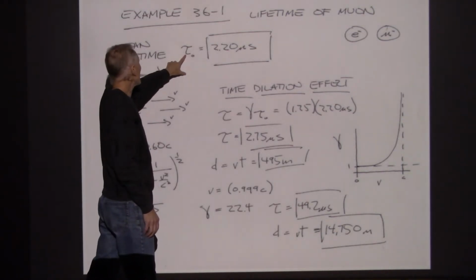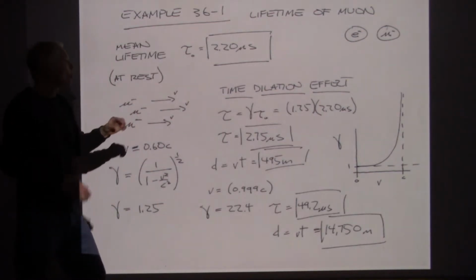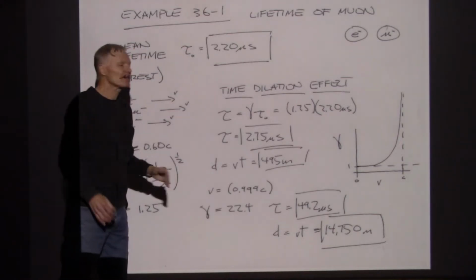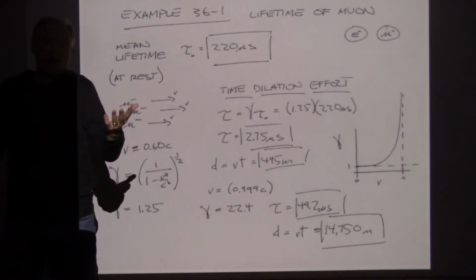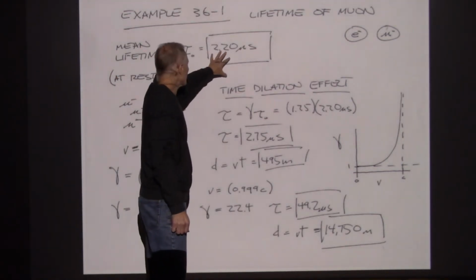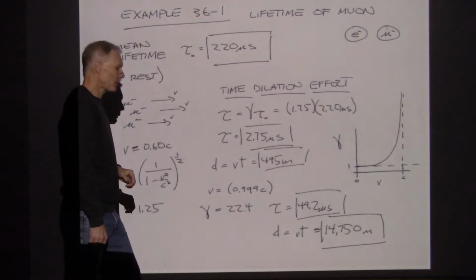For the lifetime of unstable particles, we use the symbol tau. So I'm going to call this tau naught to say this is the proper lifetime. It's the amount of time that the muon, on average, would survive at rest, and that's the 2.20 microseconds.